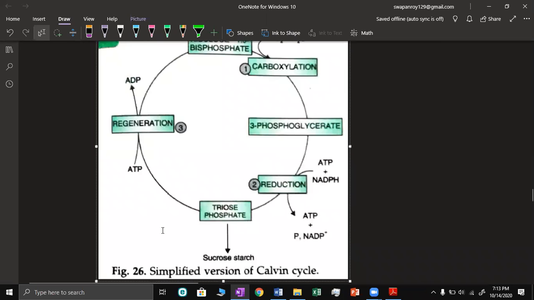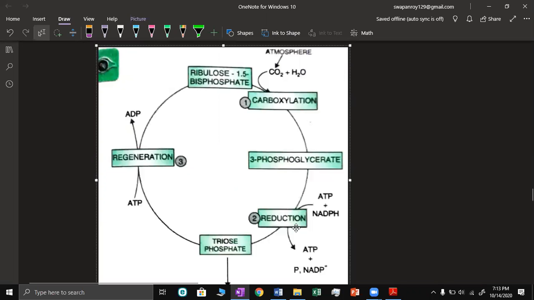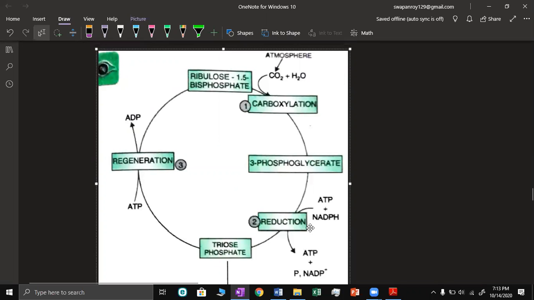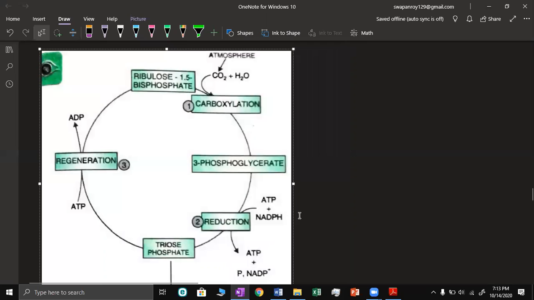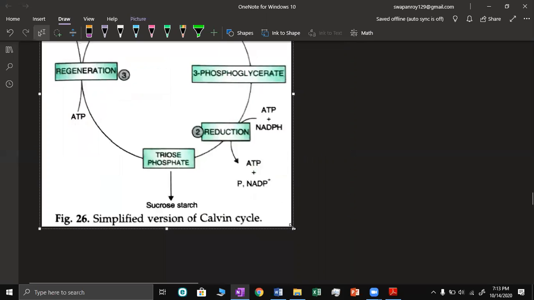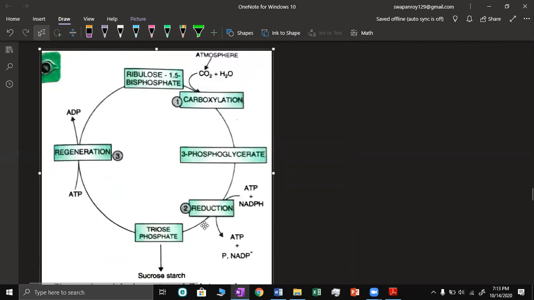As it is written here, this is a simplified version of the Calvin cycle.